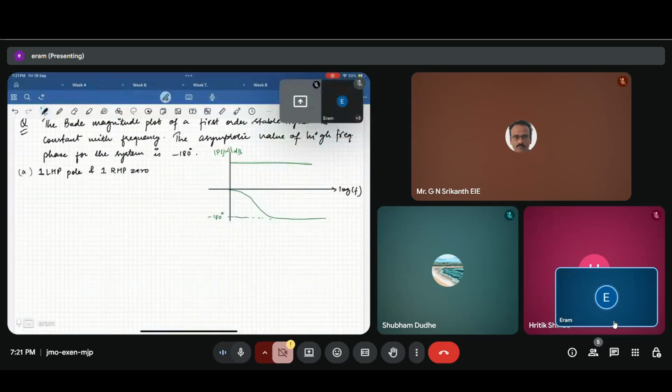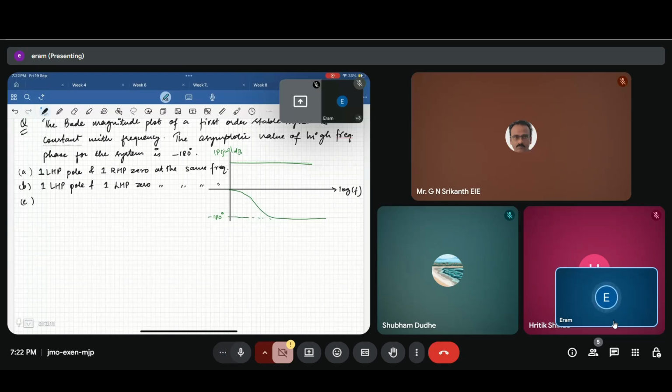Okay. So the options are: Option A, we have one LHP pole and one RHP 0 at the same frequency. Option B is, we have one LHP pole and one LHP 0 at the same frequency.